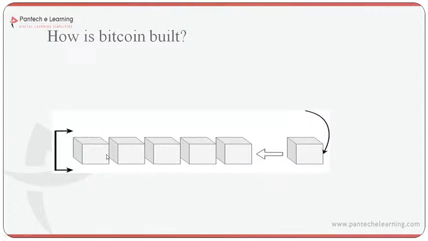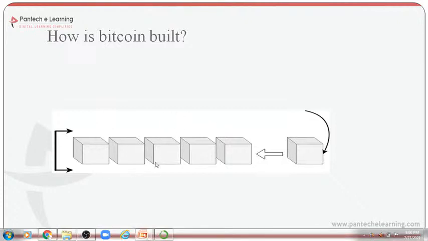So this is how a blockchain is being built. You can see here we have a set of blocks, some 5 blocks here, chained together. How is it built? This is the first transaction, say, and when someone new comes in to purchase something, there is a second transaction. Everything that happens is stored in the form of blocks, linked together in the form of a chain.